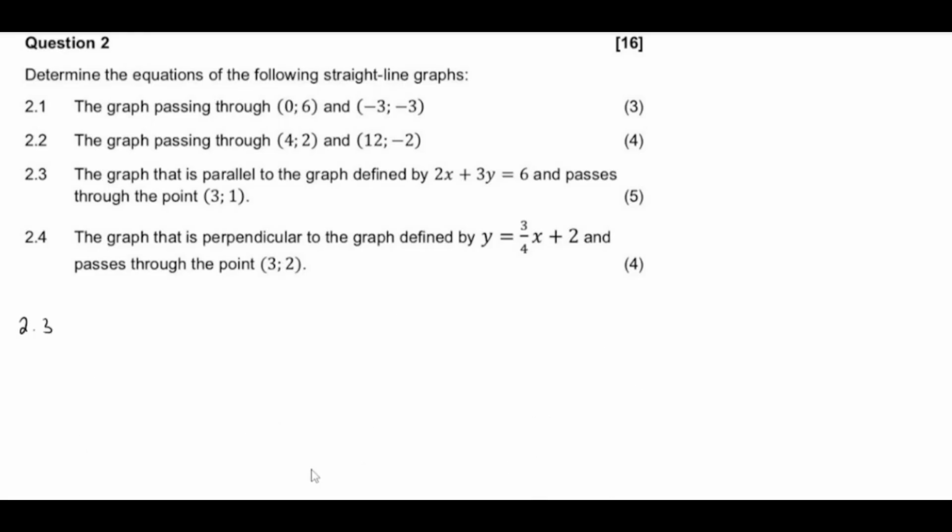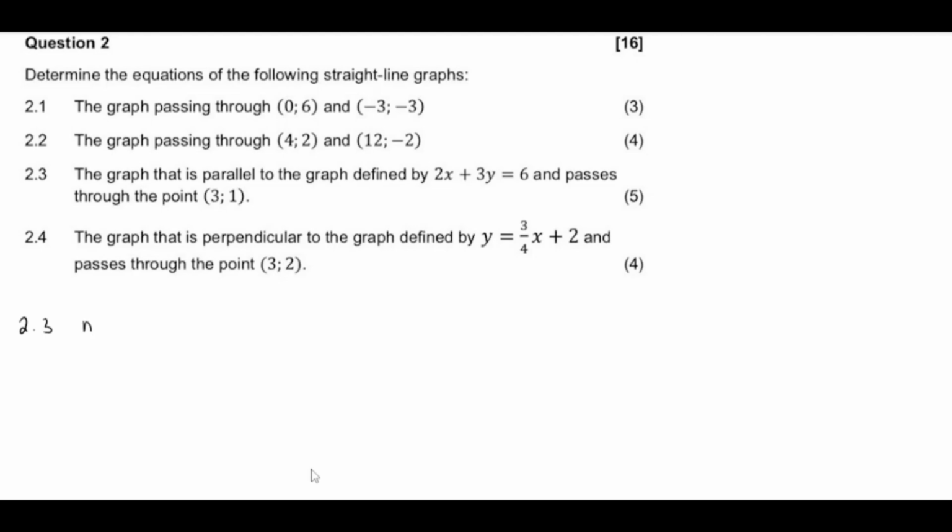For 2.3, they are asking us to find the graph that is parallel to the graph defined by 2x plus 3y is equal to 6 and passes through the point (3, 1). What we know about the gradients of parallel lines is that they are equal.